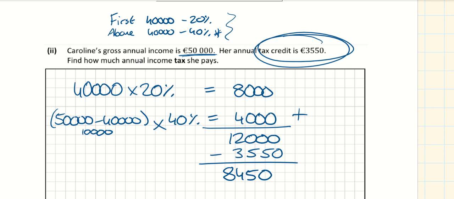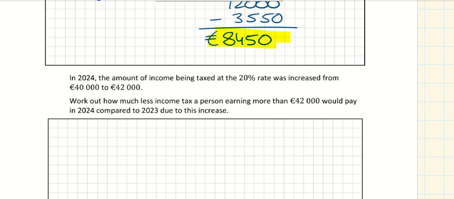Okay, now you could work out her income, 50,000 minus 8,450, but you're actually only asked to find her annual income tax here. So that's her answer, 8,450 euros. That's all it was. But if you're told to calculate net income, you just minus that off 50,000.